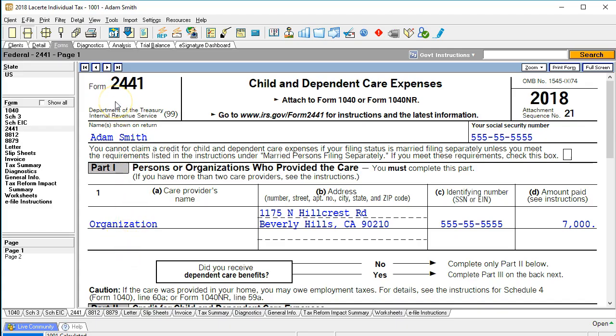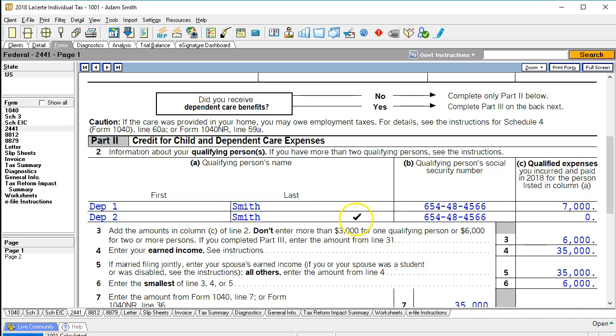If we have Form 2441, the child and dependent care expenses, and we're going to say now that there's $7,000 of the amount that was paid. We have two qualifying individuals, dependent 1 and dependent 2. However, we only paid $7,000 for the one.